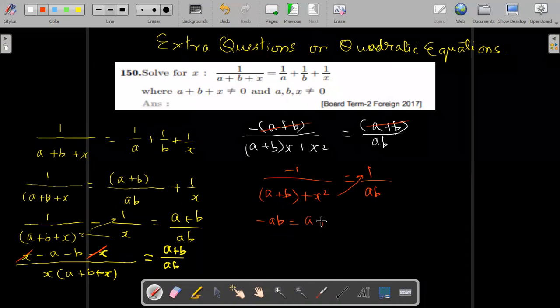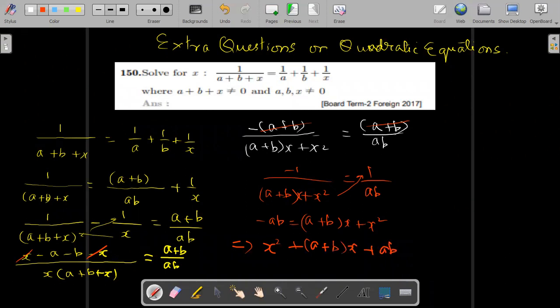So we get x square plus a plus b x plus ab is equal to 0.